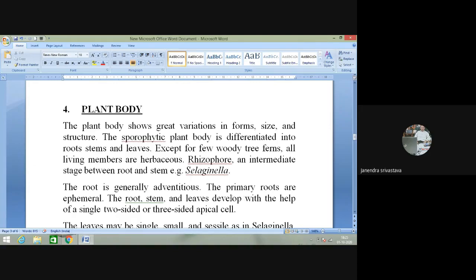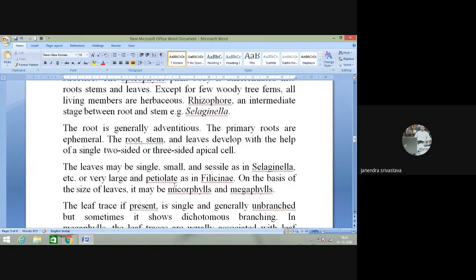A rhizophore, an intermediate structure between root and stem, is present in Selaginella. The root is generally adventitious, and the primary roots are considered ephemeral. The leaves may be single, small, and sessile, as in Selaginella, or, on the basis of size, microphyllous and megaphyllous.